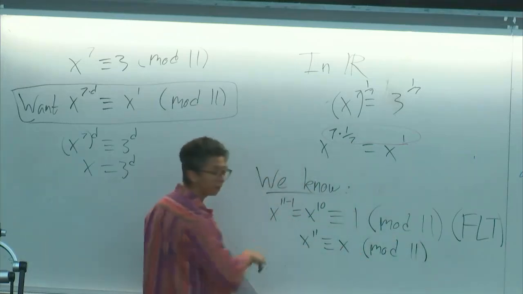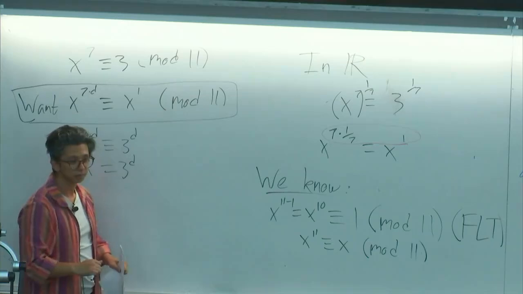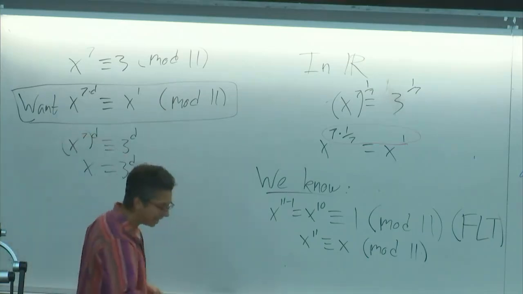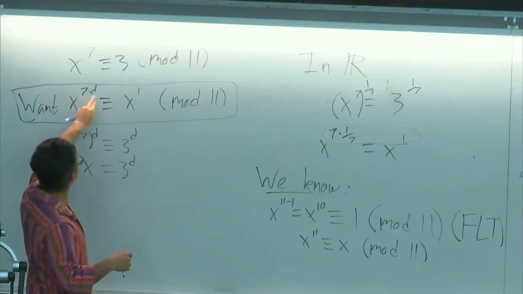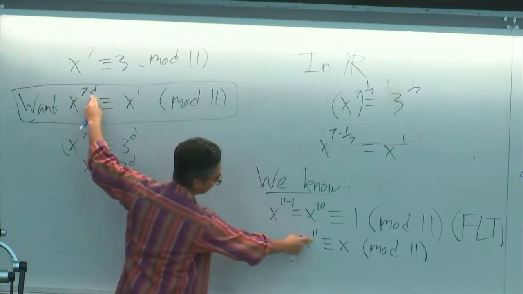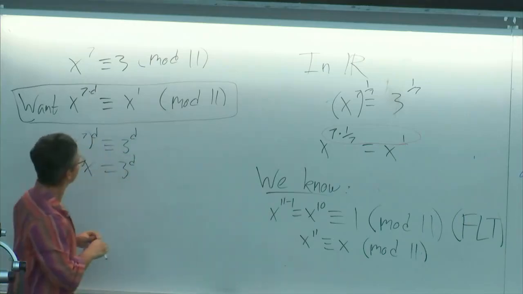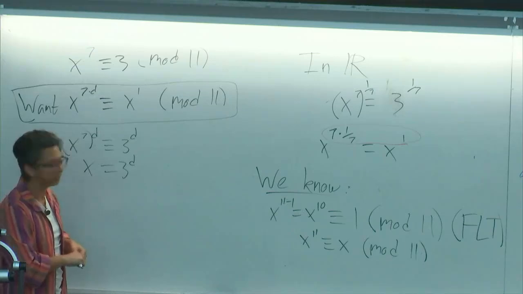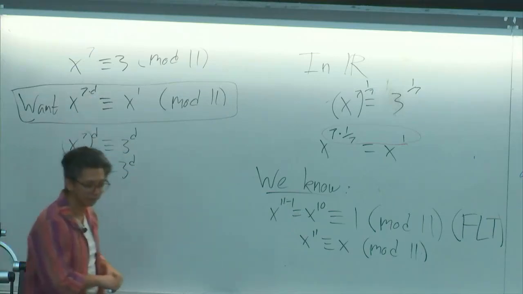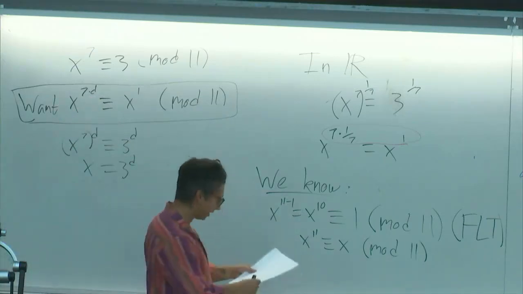I just multiplied by x on both sides. And now we feel like we're close. Because now if I could get 7 times something equal to 11, we'd be great. But 11's prime. 7 times something will never equal 11. So we're not so great yet.